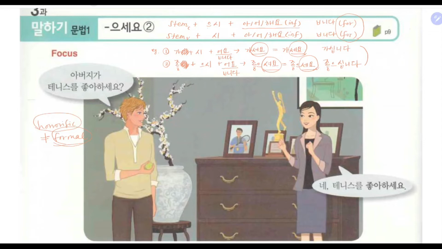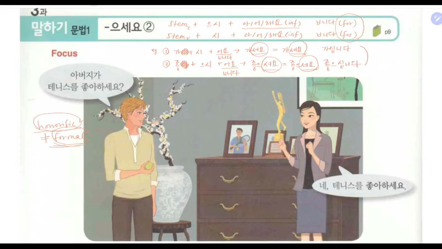So the environment defines the sentence ending. However, regardless of the setting, if you talk to older people or people who are higher than you in a hierarchy, you need to use honorific form. Honorific form is not formal. These are different concepts. Okay, let's practice the dialogue.